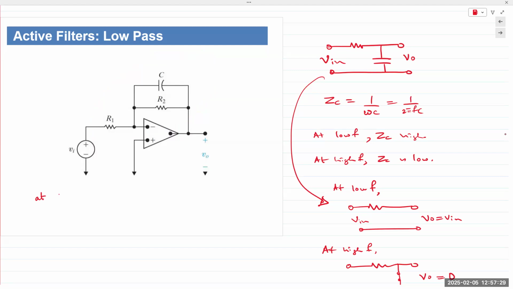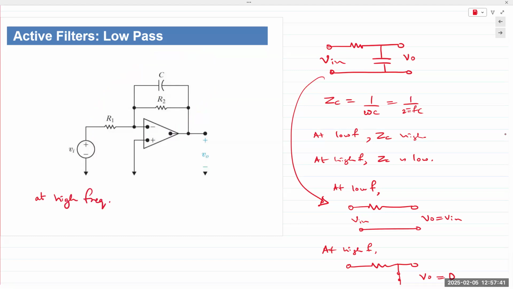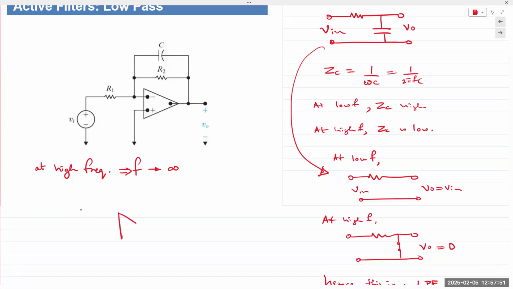So if you were to analyze this, at high frequencies, meaning when F tends towards infinity, capacitor is a short circuit. So the op amp looks like this.